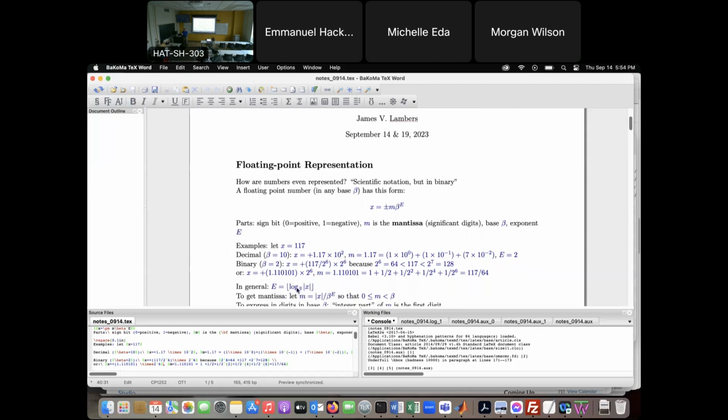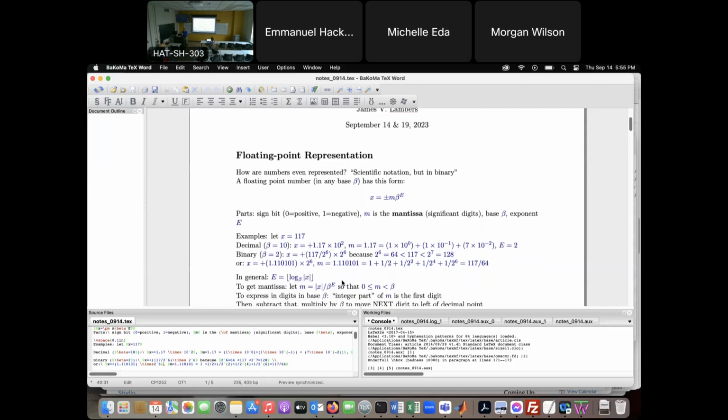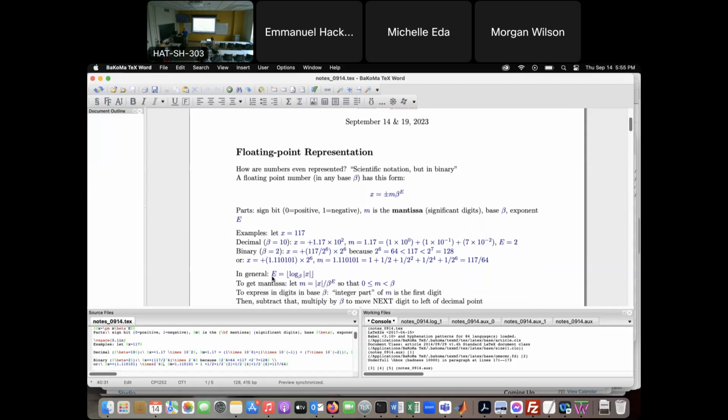So you take the logarithm in that base and you round down to the nearest integer. So that's how you can get the exponent of any number in whatever base. So then you take beta raised to that exponent, so your base raised to that exponent, and you divide the absolute value of your number by that, and that's what gives you a mantissa. So here we see how to get the value of both.